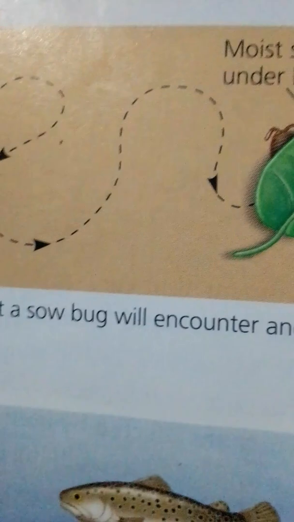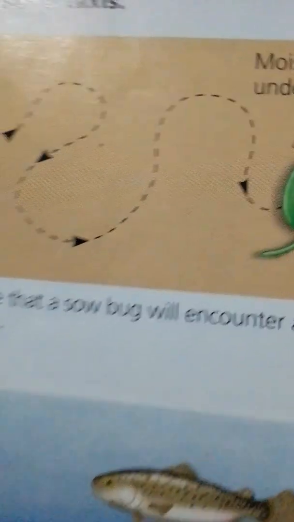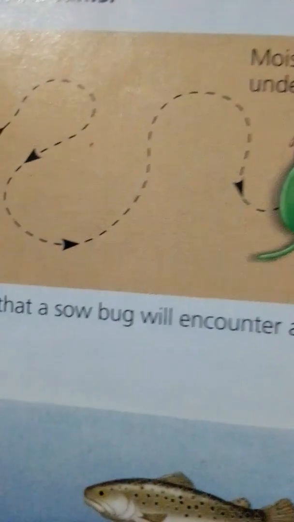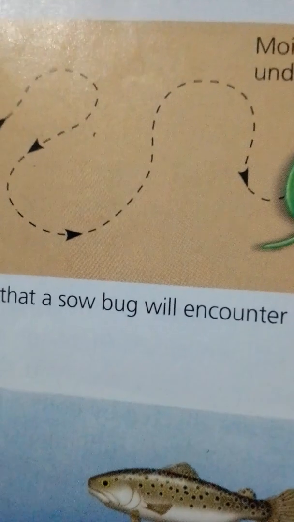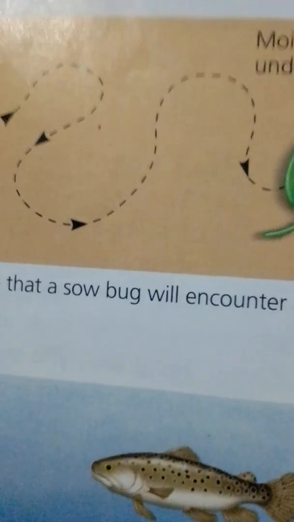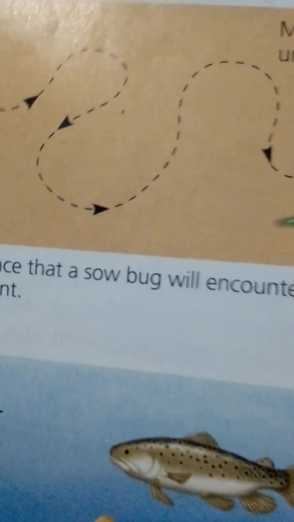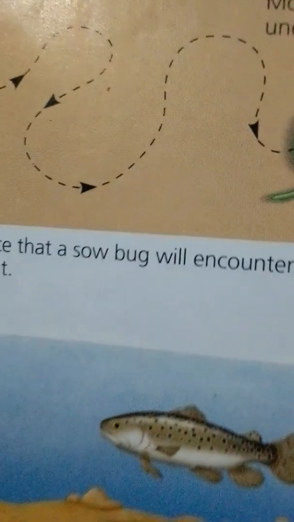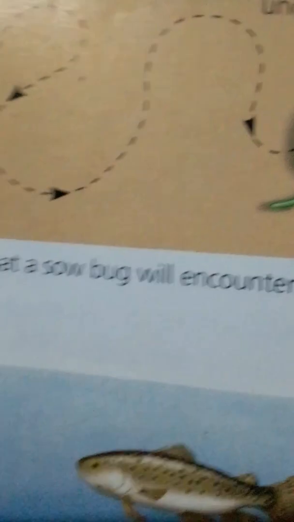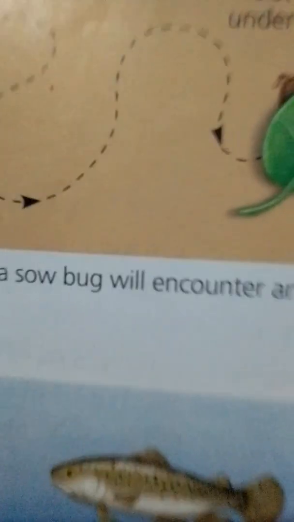Kinesis. A kinesis is a simple change in activity or turning rate in response to a stimulus. For example, sow bugs, also called wood lice, terrestrial crustaceans that survive best in moist environments, exhibit a kinesis in response to variation in humidity. The sow bugs become more active in dry areas and less active in humid areas.